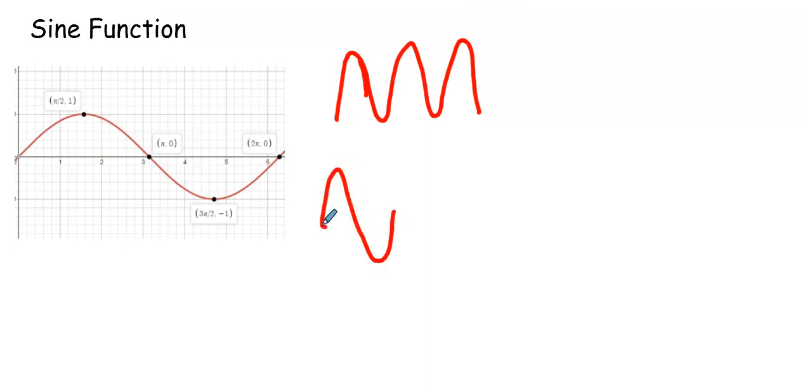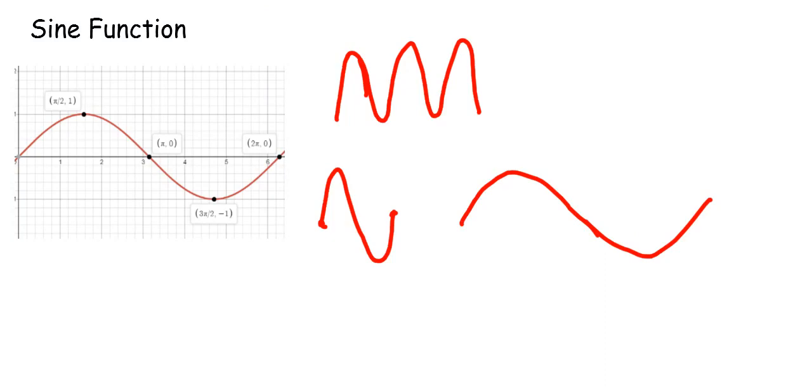This is still considered one cycle of the sine function. Or it can be very slow, and this is considered one cycle of the sine function. Okay, so that's what I want you to understand. So a cycle is the design. The cycle is the peak and the valley.